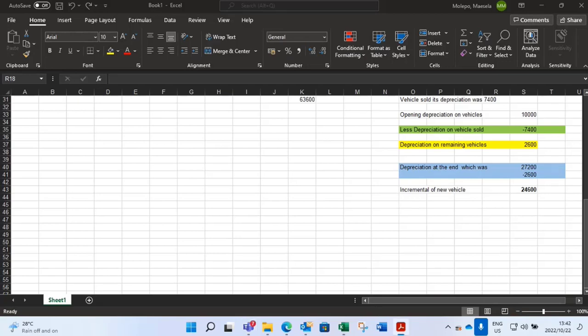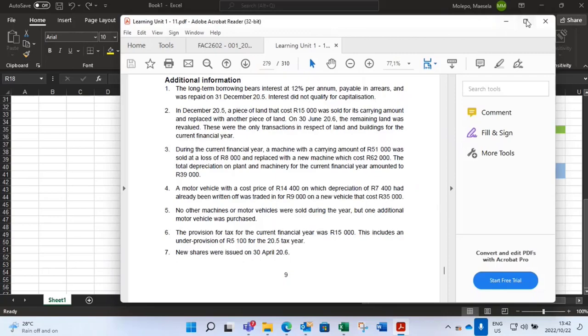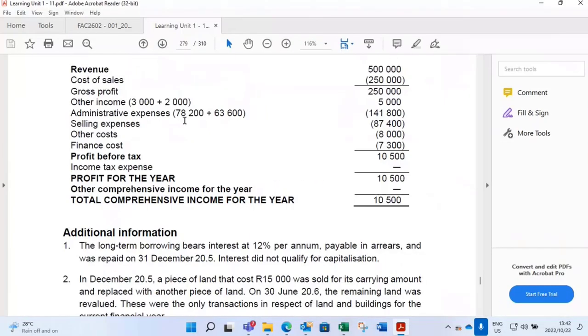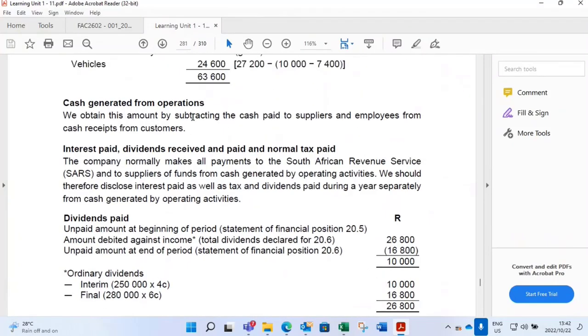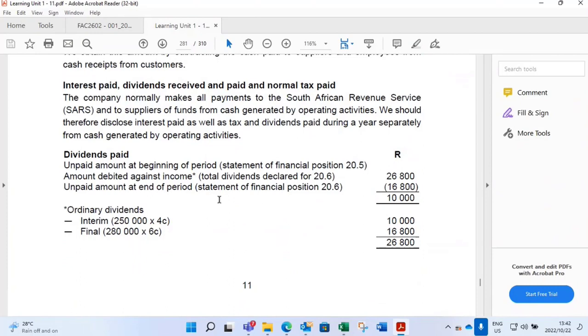So let me go back to the study guide. So this one is just an easy part to do.